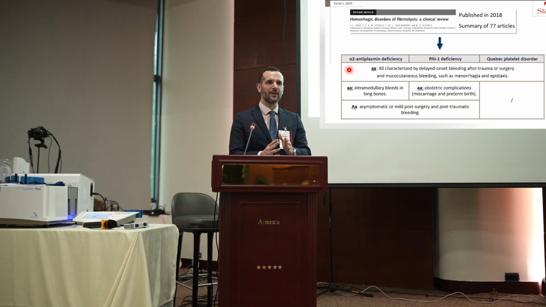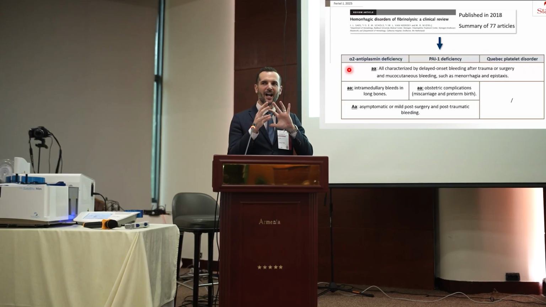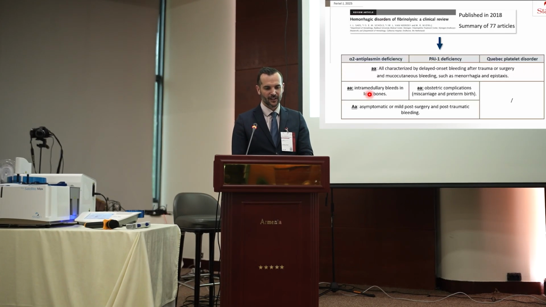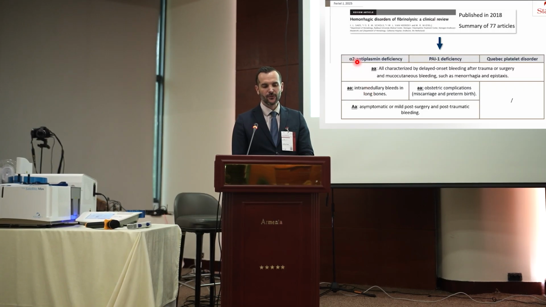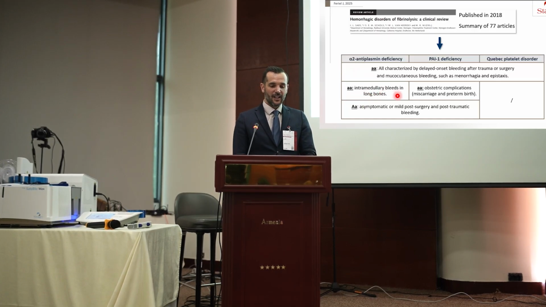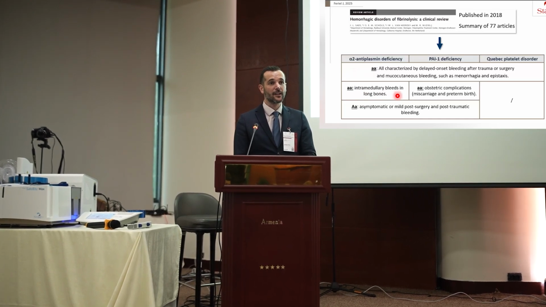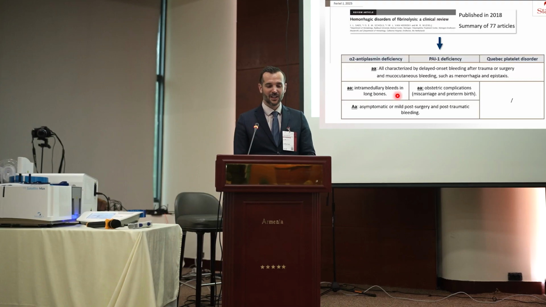If you are not too tired and you remember what I said on factor 13 deficiency, in fact, this is approximately the same presentation. In addition, for alpha-2 antiplasmin deficiency, intramedullary bleeds in long bones have been described. And you will agree with me that this kind of bleeding is quite rare. So if you have this kind of bleeding, it can be a clue.